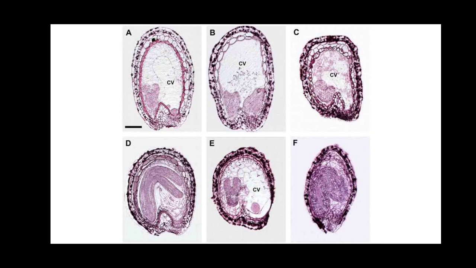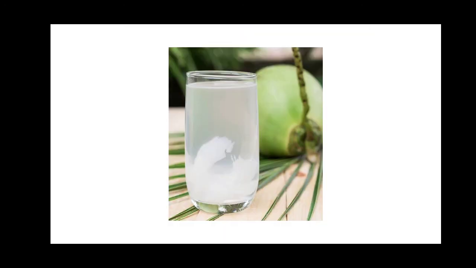And this is a classic example: coconut water. The coconut water that we even drink a lot is a liquid nuclear endosperm, because it is the cell sap with the suspended nuclear material, primary endosperm nuclei, and with different kinds of mineral salts and sugar, all suspended in the liquid part.